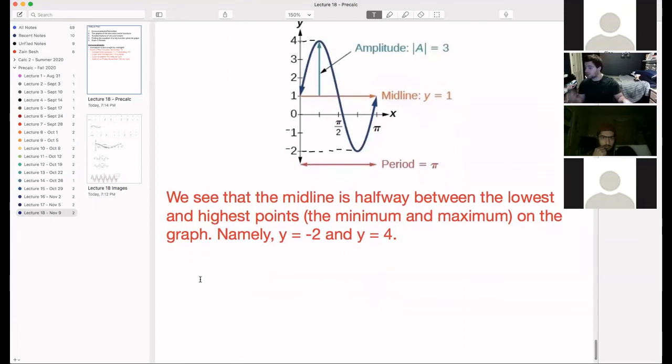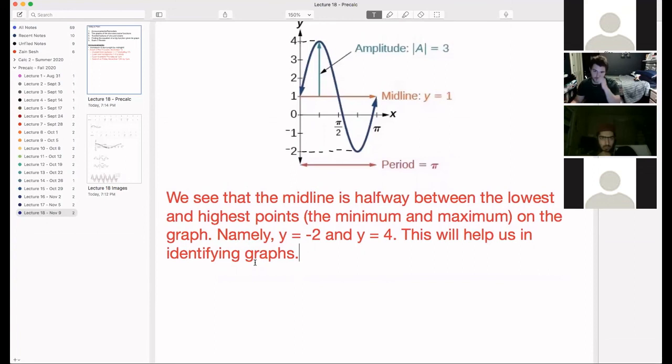Okay, and why do we care about this? Well, this will help us in identifying graphs. That's going to help us when we are given a graph and need to find its formula.